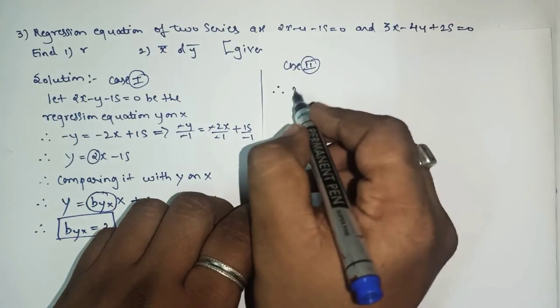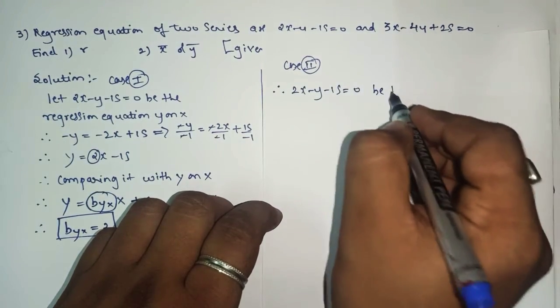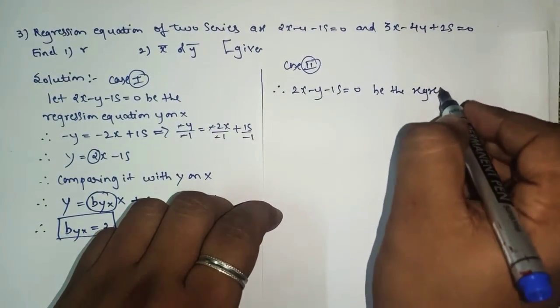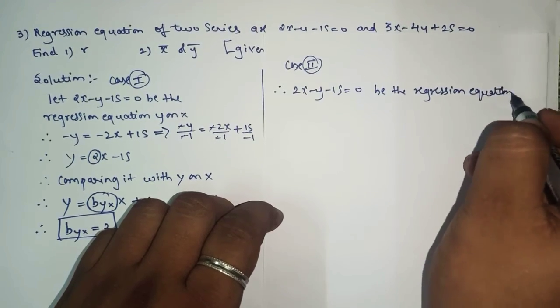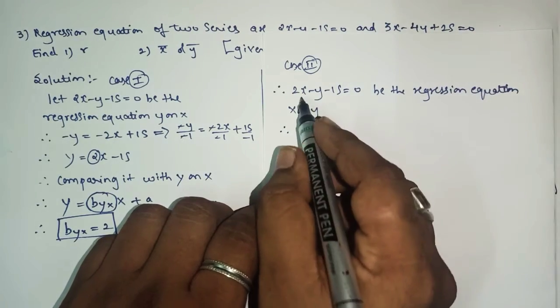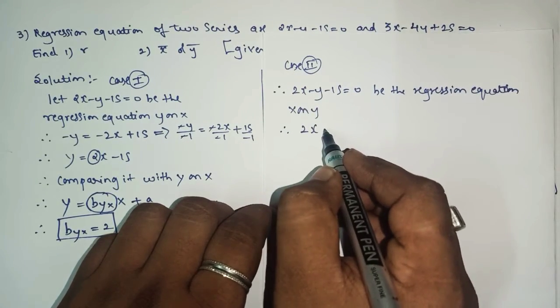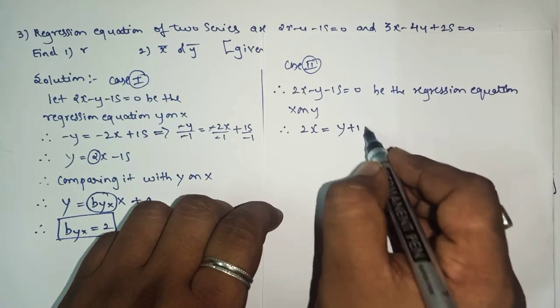Now we'll consider the first equation be the regression equation x on y. So x on y means we'll keep x on the left hand side and y and the number on the right hand side.